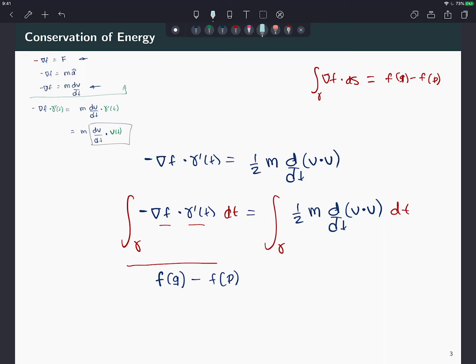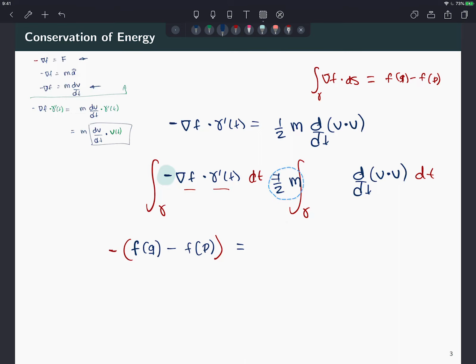On the right side, well, I have 1/2, so this is a constant. The 1/2 and the m, I can put them outside, right? So let me put them like this. And if you see this, this is just the integral of the derivative of something.